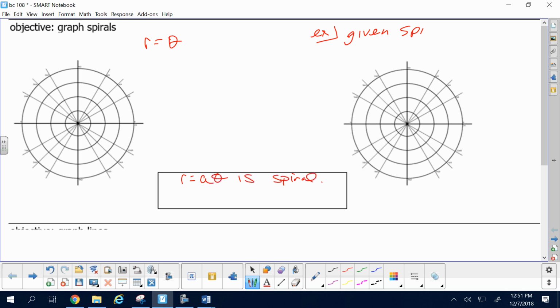Given the spiral with points 0, 0, obviously, pi over 2, 2, and pi, 4, find the equation. So it's going from 0, 0 to pi over 2, 2, to pi, 4. It's spiraling out pretty hard.